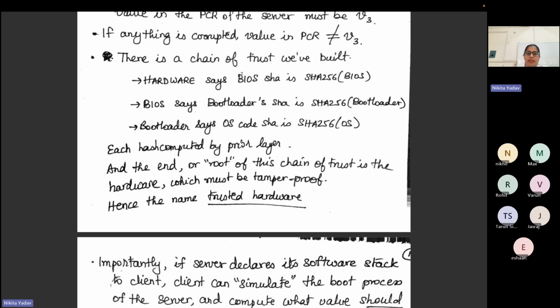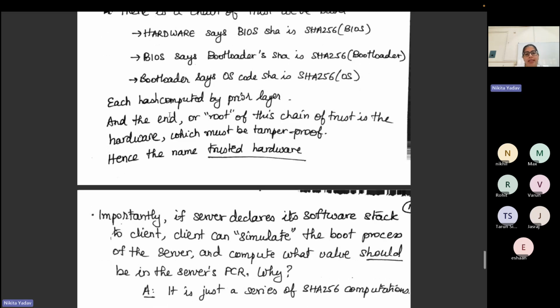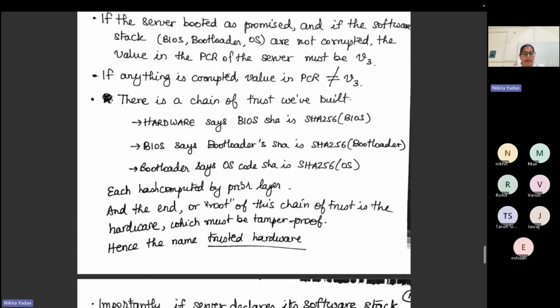And if the BIOS is correct, then you can establish trust in the bootloader, and so on. At the end, the root of this chain is the hardware, which is tamper proof. Okay, is there any question?